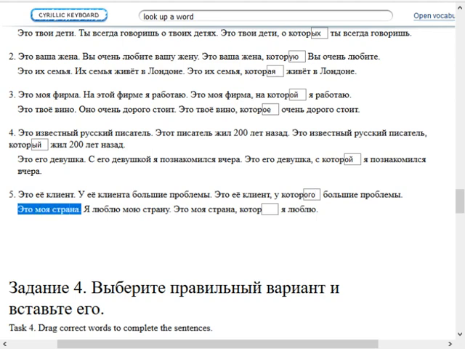And finally, это моя страна. This is my country. Я люблю мою страну. I love my country. The sentence becomes, this is my country, which I love. So once again, country is feminine, because it ends in A, and it should be accusative here. Once again, я люблю, I love something or someone, then that becomes accusative.